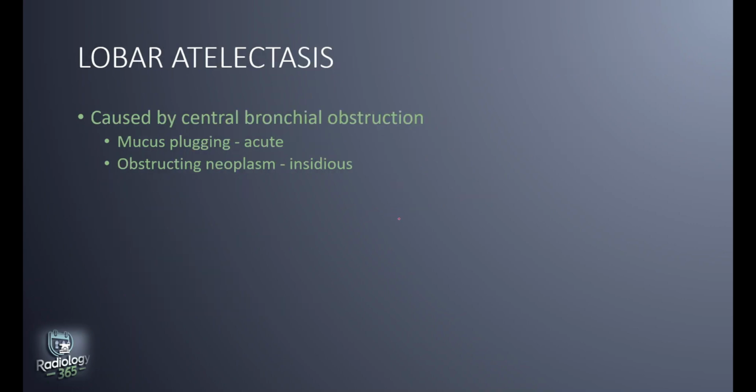Lobar atelectasis is usually caused by central bronchial obstruction. So in order for you to have the whole lobe collapsing, let's assume this is a lung, it's a right lung, pardon my drawing. Let me run through upper, middle, and lower.